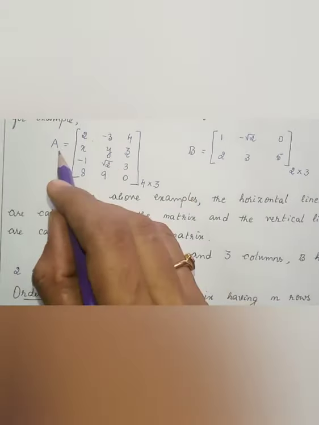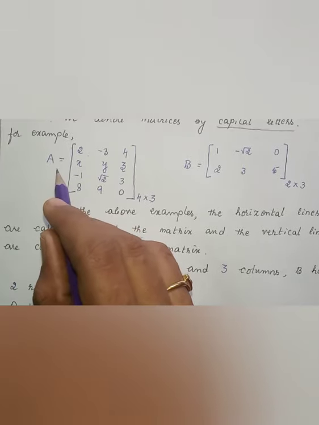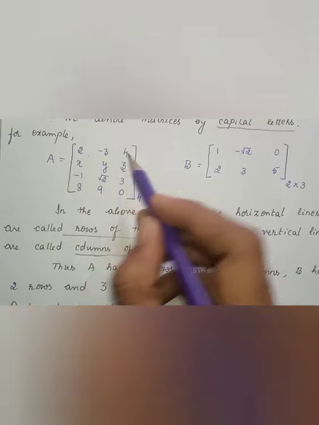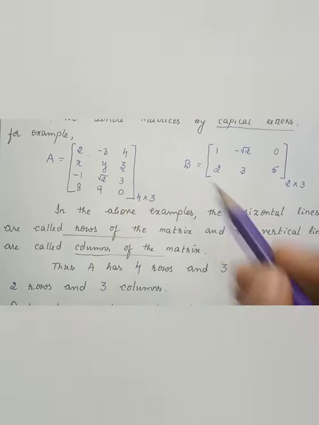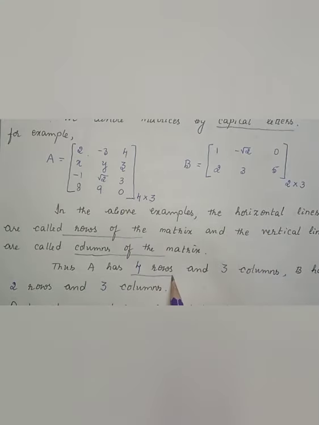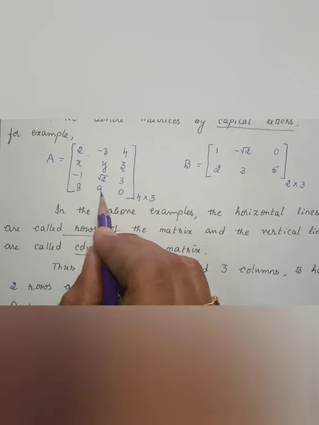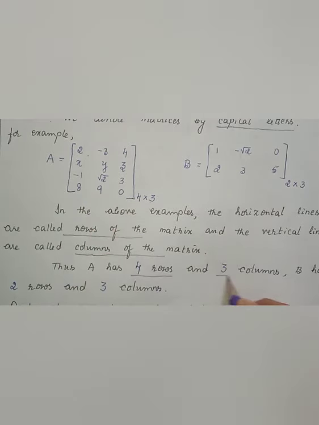Thus, this matrix A has a total of 4 horizontal lines, therefore 4 rows, and 3 vertical lines, therefore 3 columns.